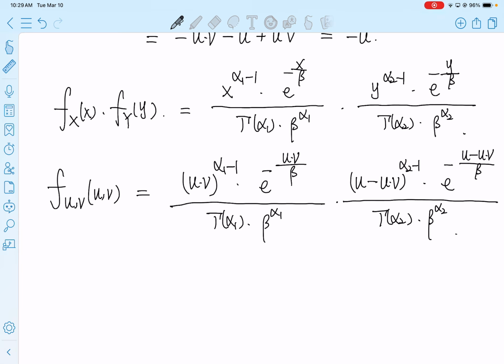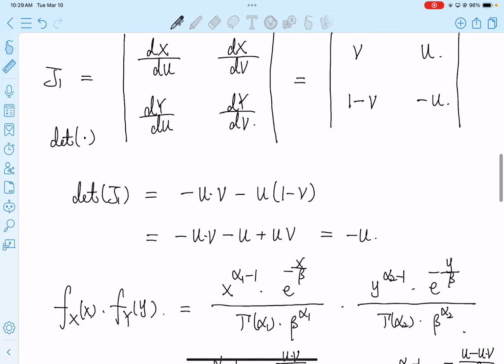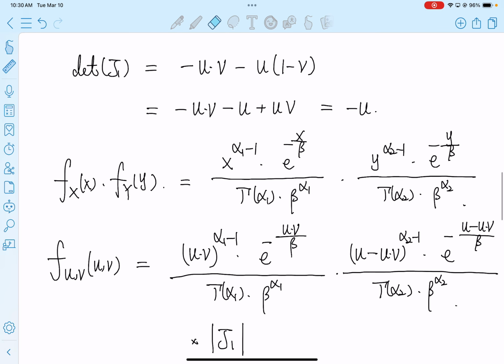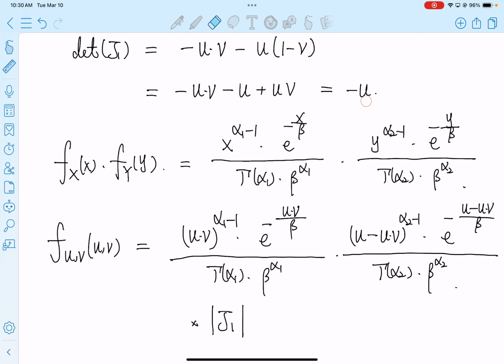The Jacobian matrix, right? Yeah. So don't stop at this point. Don't forget there's a Jacobian. Because we start from J1 and this is what we obtain. Back to the formula, we just need to multiply by the absolute value of J1. The J1 we calculated earlier is negative u.